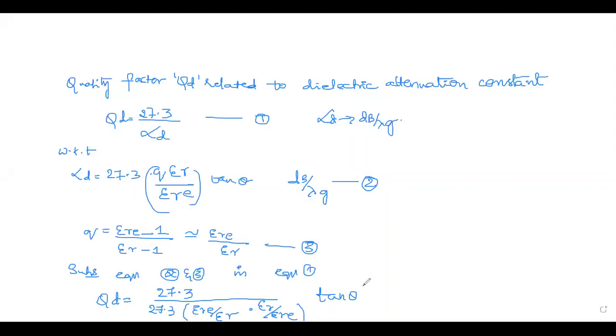So if I simplify that particular equation, your 27.3 and 27.3 get cancelled. Epsilon RE gets cancelled. Similarly, epsilon R gets cancelled. So I'll be left with the equation QD is approximately equal to, sorry, this tan theta has to come down, not in the numerator.